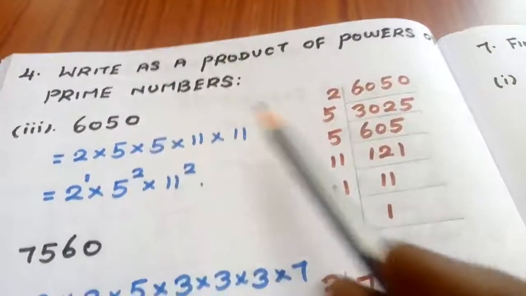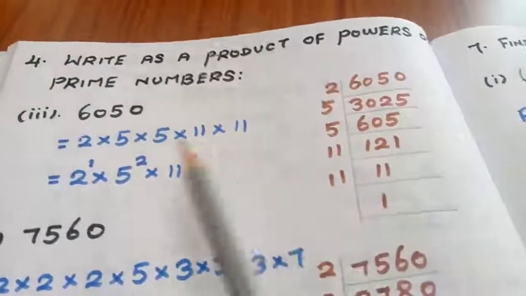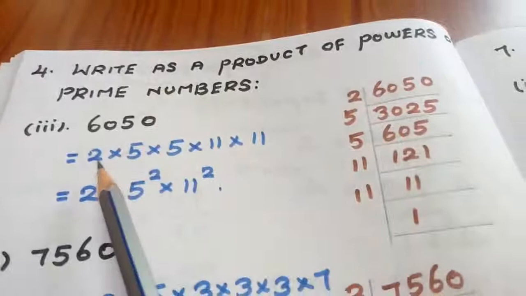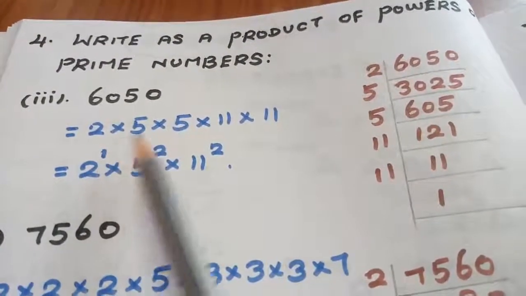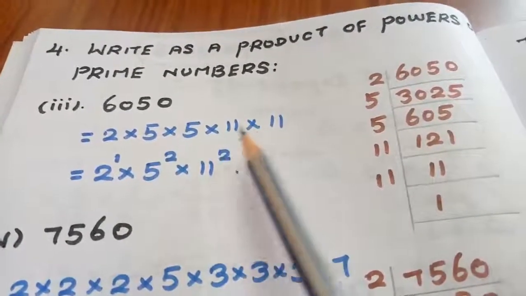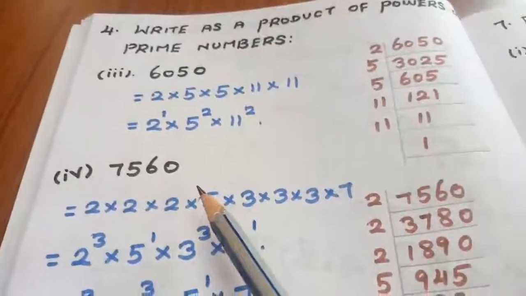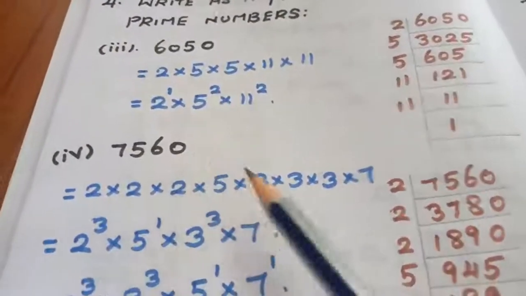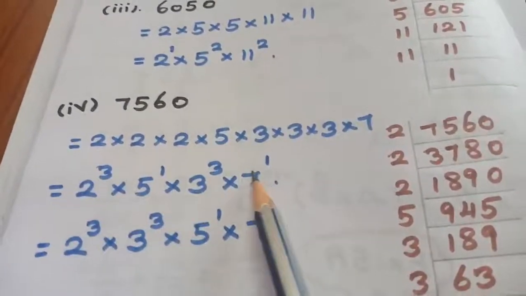You are going to find the factors using prime numbers. After finding the factors, write it here. 2, you are getting it only one time, that is 2 to the power 1. 5 two times, that is 5 to the power 2. And 11 two times, 11 to the power 2. So this is the idea of writing the given number as prime factors. Then you are going to write the repetition in the form of power.